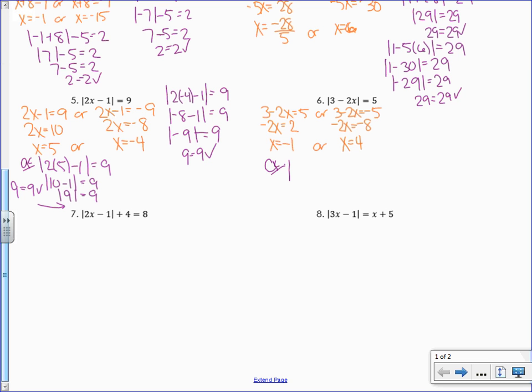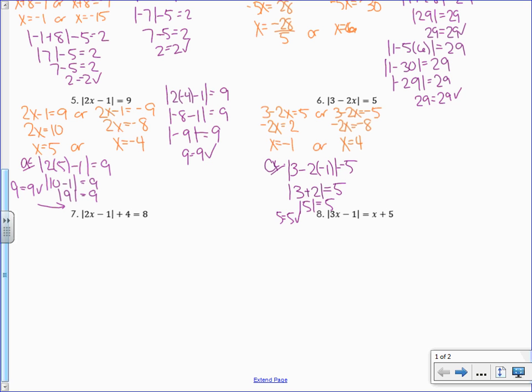Remember, you check in the original. So this is the absolute value of 3 minus 2 times negative 1 equals 5. So this is the absolute value of 3, and then this is going to become plus 2, because the minus a minus. And that's the absolute value of 5. And you get 5 equals 5.